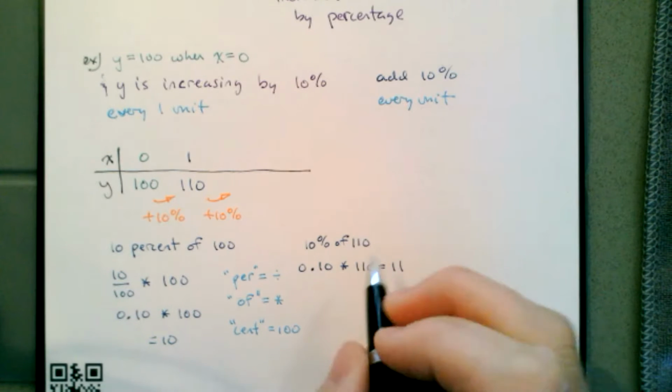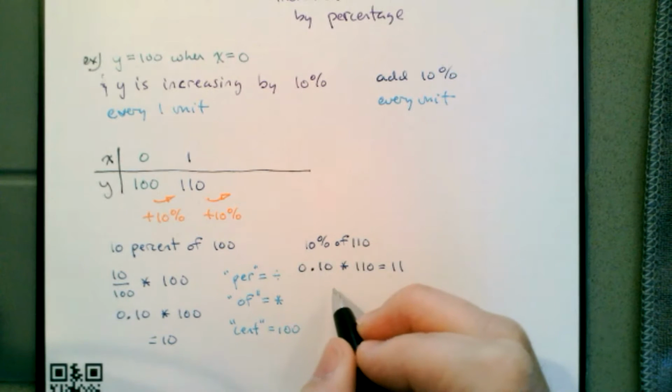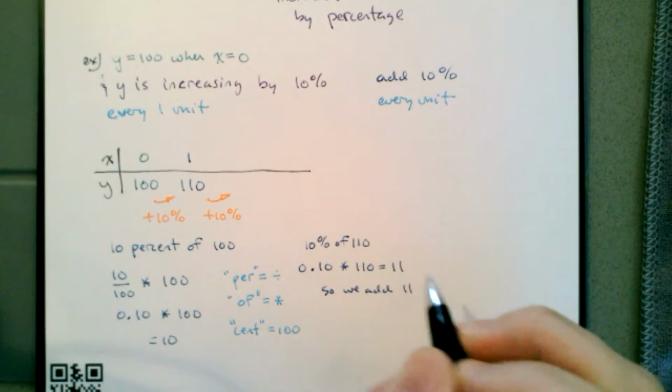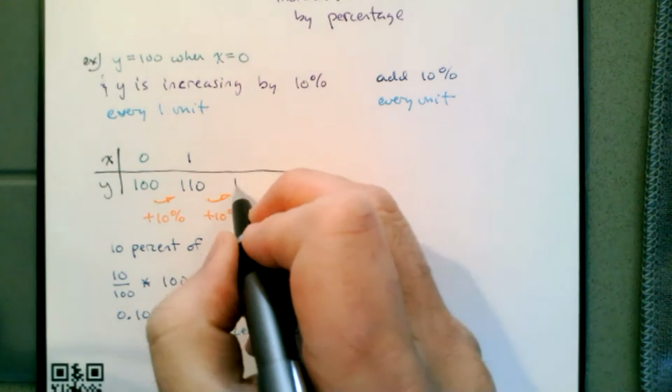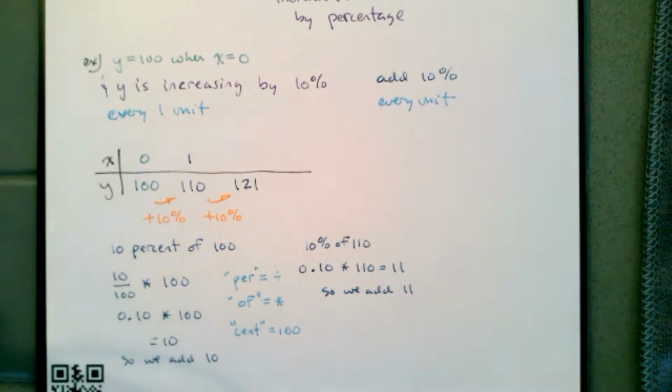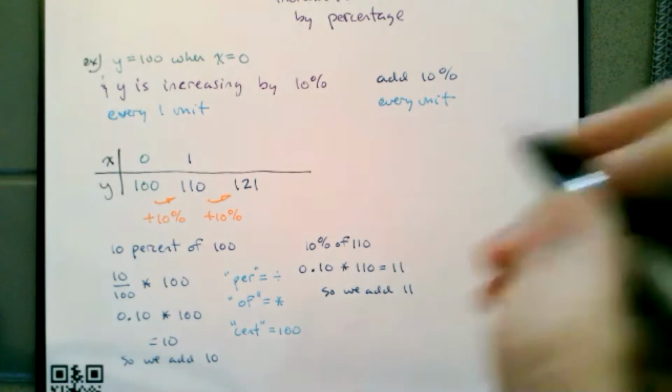So I'm going to add 11. So we add 10 in the first step, but we add 11 in the second step. Because 11 is 10% of what we got, which is 110.